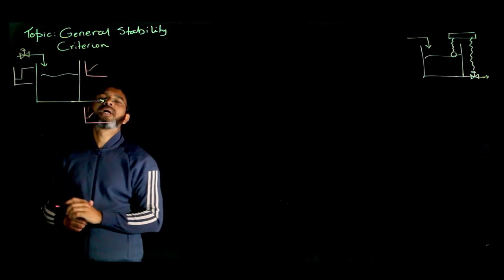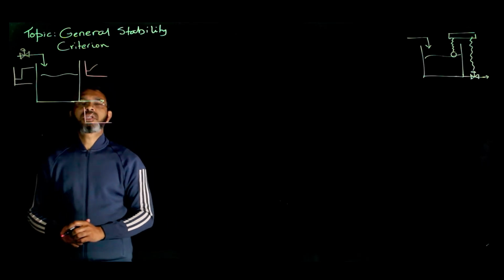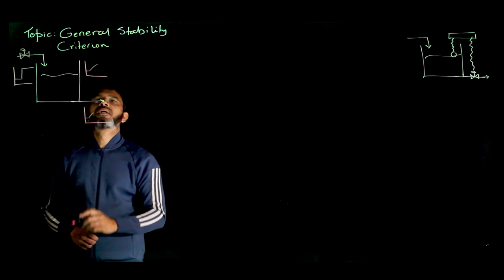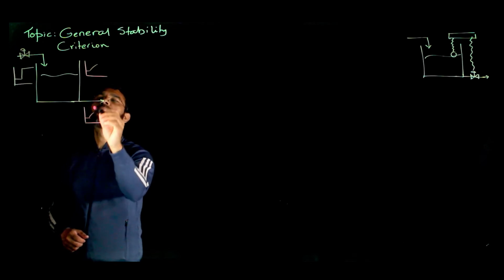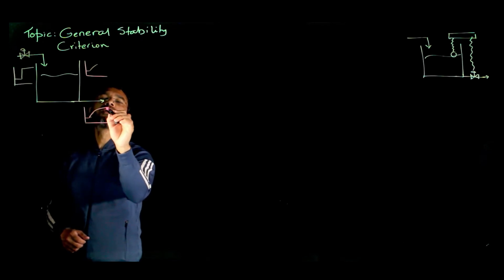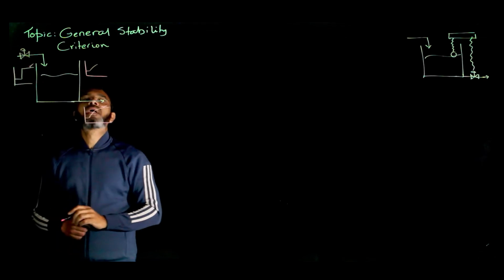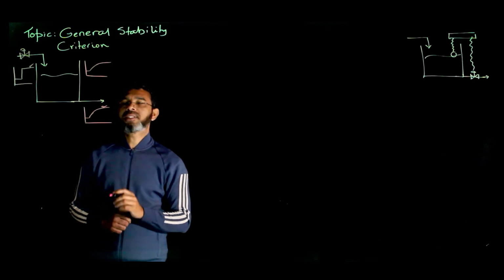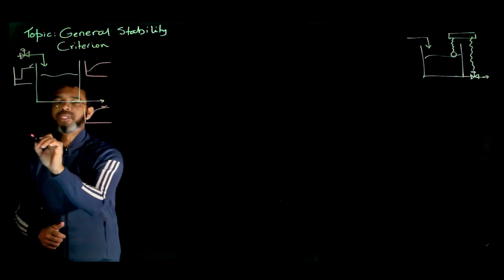So understand from the physical configuration of the process and from the first principles that when the level goes up, the outlet flow also goes up, and at some point this outlet flow will become equal to the inlet flow, and at that point the level also becomes steady. So this is what is called an open loop stable process.